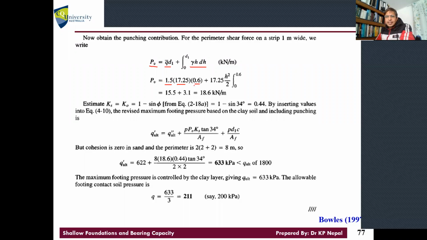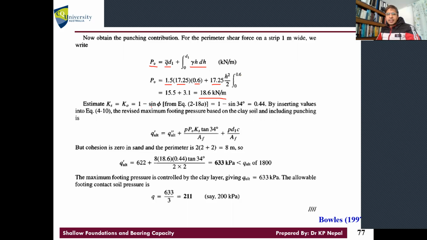Below the foundation. And gamma is 17.15. So when you integrate over 0 to D1, that's the total thing, right? So it becomes h squared by 2, of course, in integration, right? So you get 0 to 0.6. Did you get this value for the punching contribution? 18.6, just using those equations.